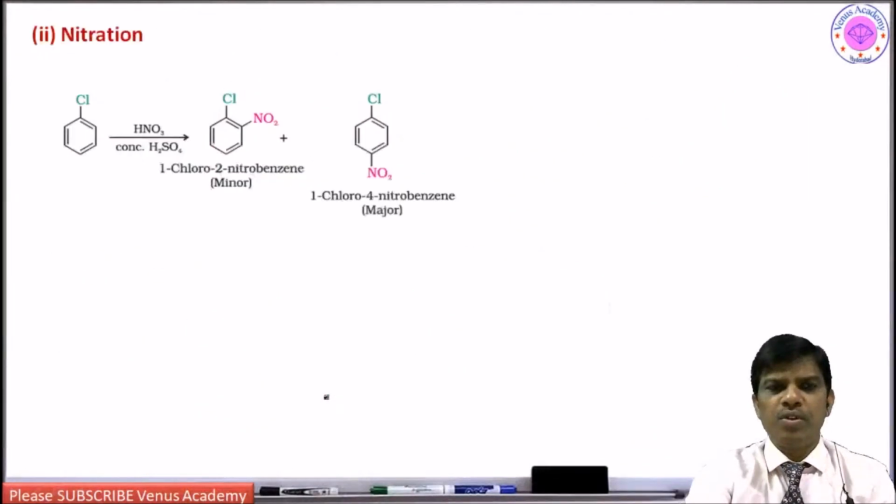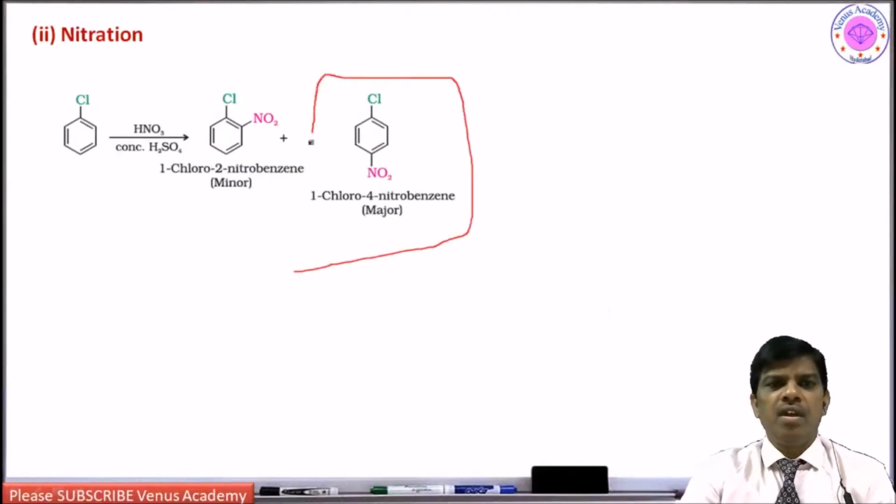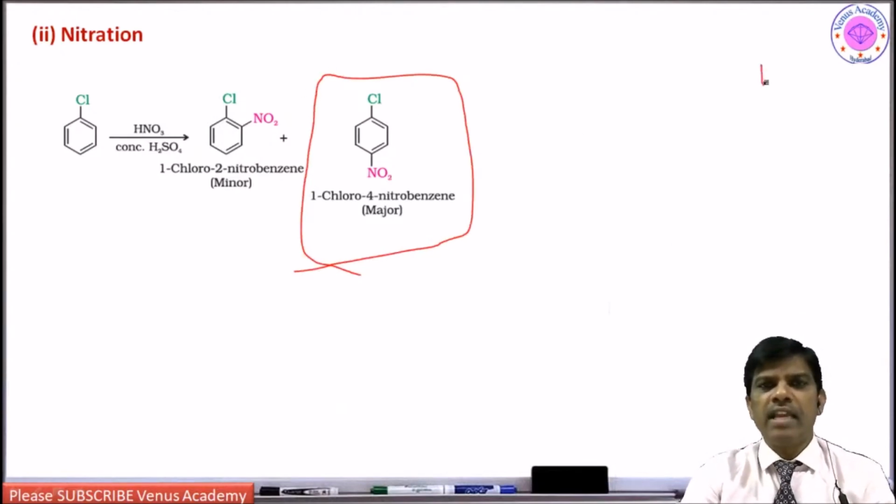The same thing holds good for nitration. Students, what is going to form as major? Para-nitro, because the incoming electrophile is the nitronium ion, NO2 plus, formed from HNO3 plus H2SO4, sulfuric acid. This incoming electrophile easily attacks the ortho and para positions.